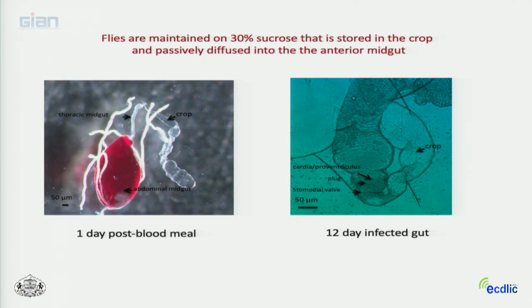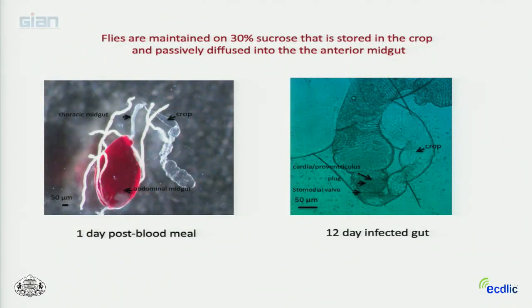I'm going to tell you now, we still don't really know why the bacteria are so essential to Leishmania development, but I'll just present what we think is going on. This comes to the issue of sugar meals. So our flies are maintained on 30% sucrose.